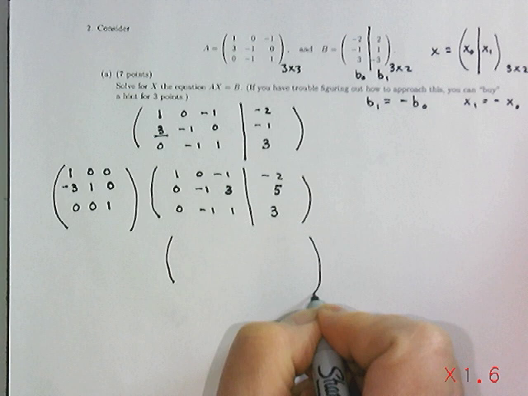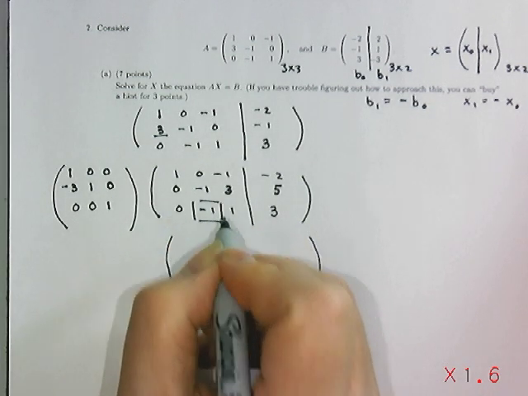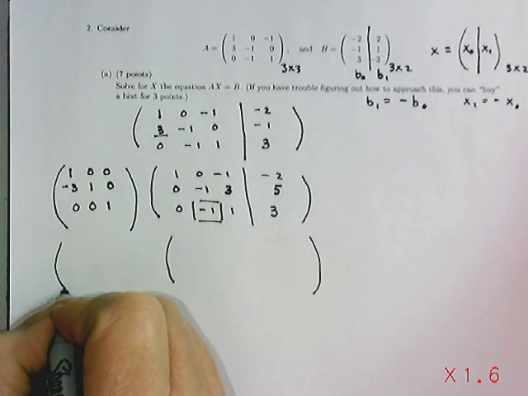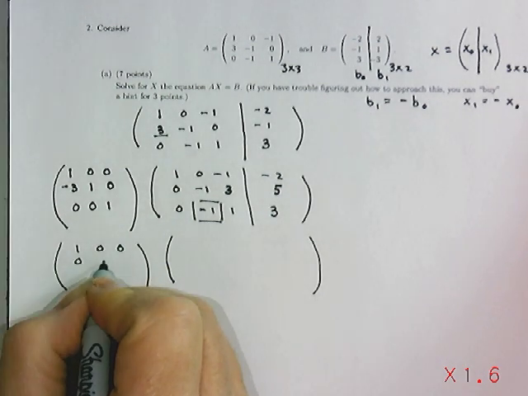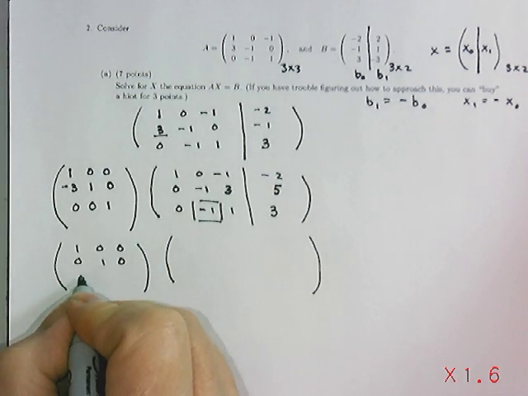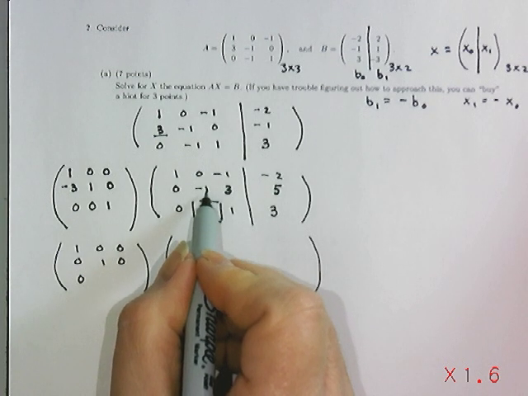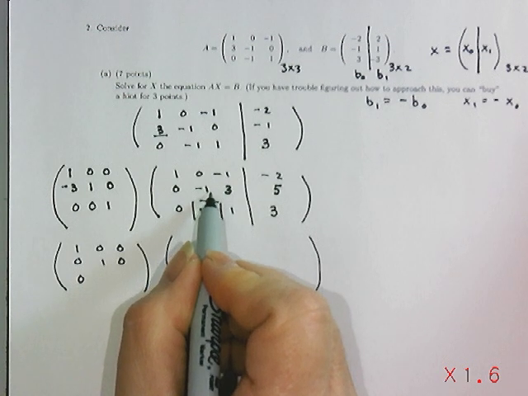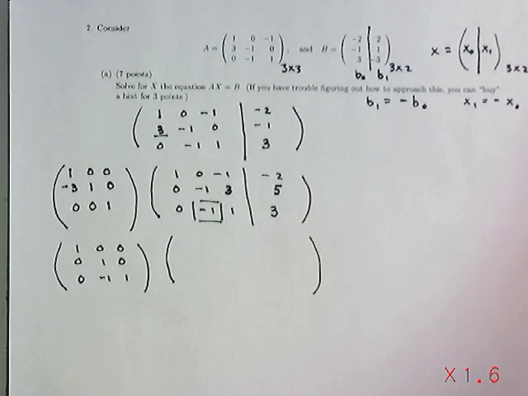Next stage, I need to zero out the second entry in the last row. And to do this, first row is going to stay the same, second row is going to stay the same, but the last row is going to be updated by, we need to multiply the second row by negative 1 and add to the third row.